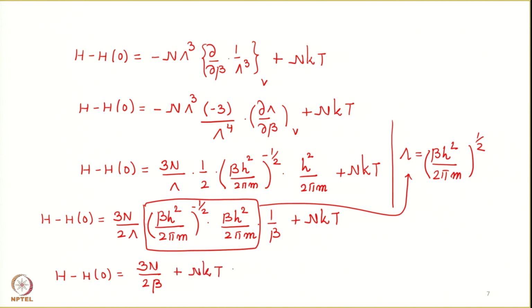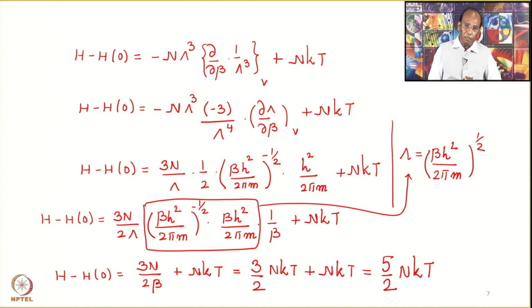Beta is equal to 1 over kT. That means 3 by 2 n kT plus n kT, which is equal to 5 by 2 n kT. Very simple, just mathematical manipulations.